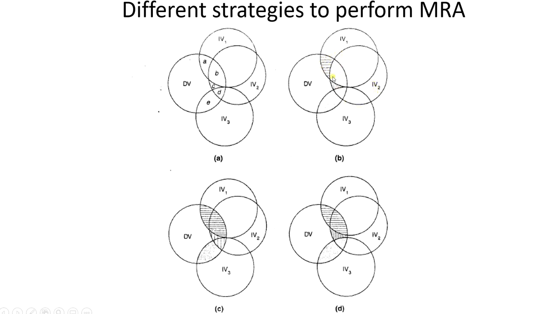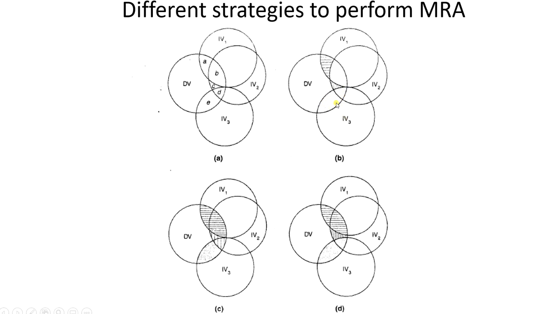Now when I am adding IV2, the component of IV3, this portion, and the component of IV1, this portion, has been removed, and only this portion is attributable to the IV. And when I am adding IV3, this component of IV2 will be removed from IV3, and only this will be entered.